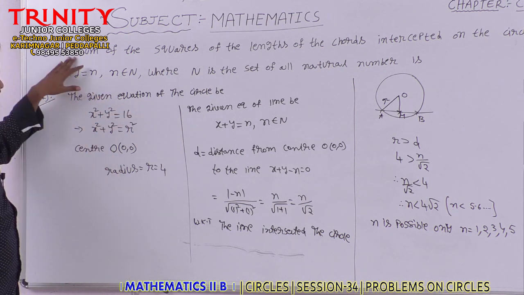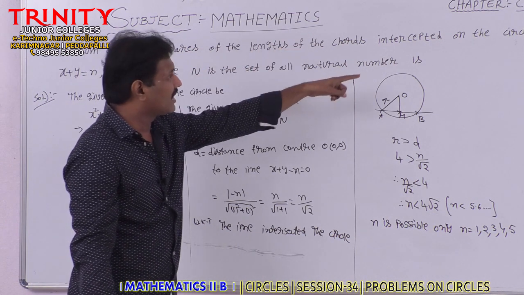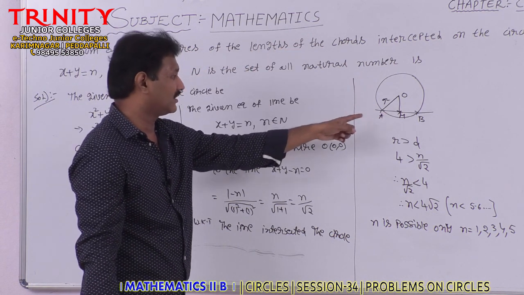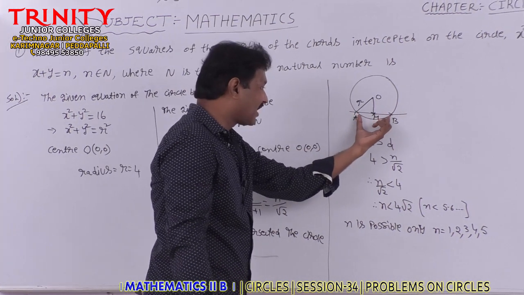We need the sum of the squares of the lengths of the chords intercepted on the circle. First we find the length of the chord.